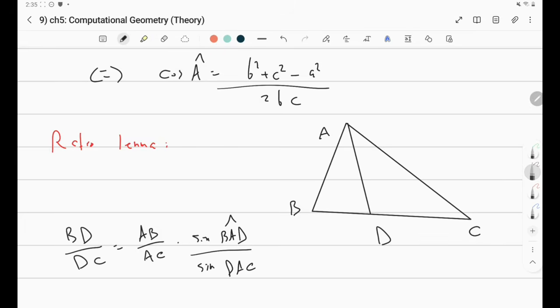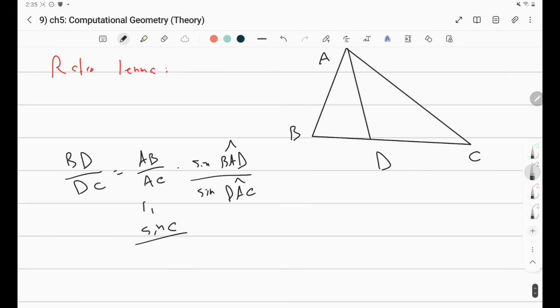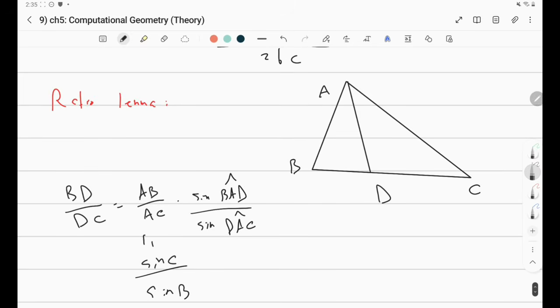Do not forget this. Very powerful. In many questions, you just need to find this ratio. Then you can say it's AB over AC times sine this angle over this angle. Keep that in mind. Of course, you can also replace AB over AC with sine C over sine B. So you can transform it into pure trig, which is very powerful. Okay, keep that in mind.